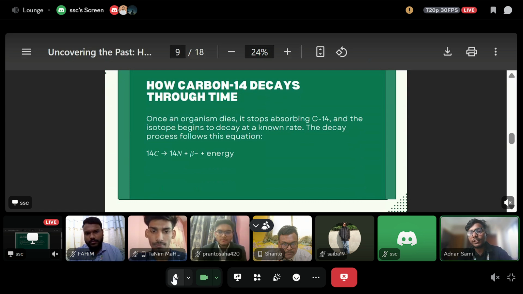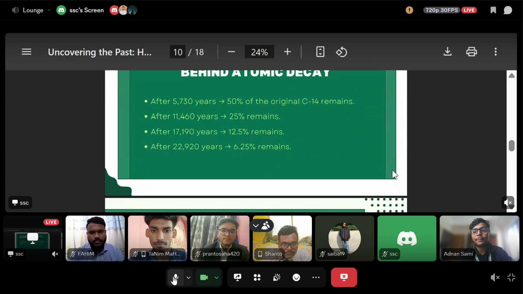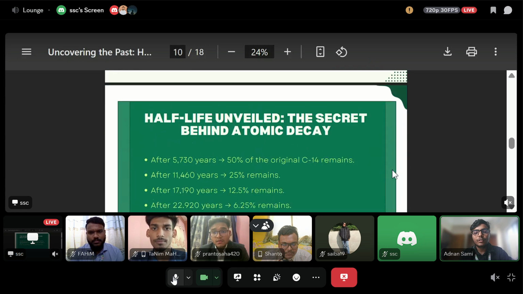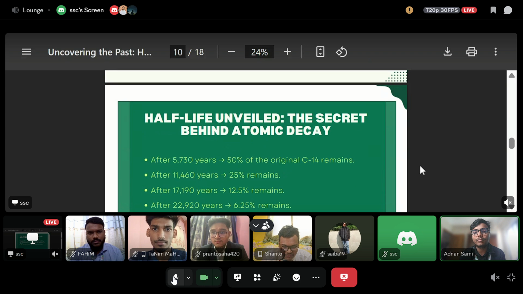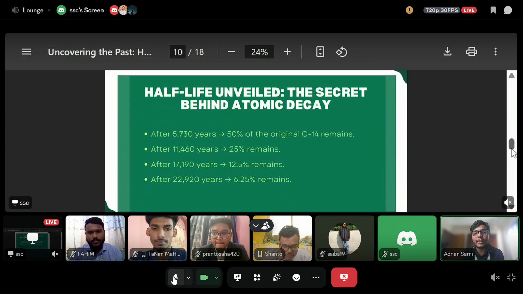Next slide. Let's talk about half-life unveiled: the secret behind atomic decay. Half-life is the time it takes for half of the carbon-14 in a sample to decay. For carbon-14, this period is approximately 5,730 years.